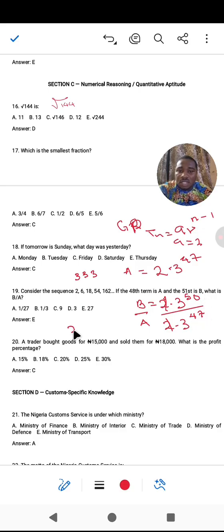So you're left with 3 raised to power 3, because 50 minus 47 is 3. And what is 3 raised to power 3? 3 raised to power 3 is simply 3 multiplied by 3 multiplied by 3.